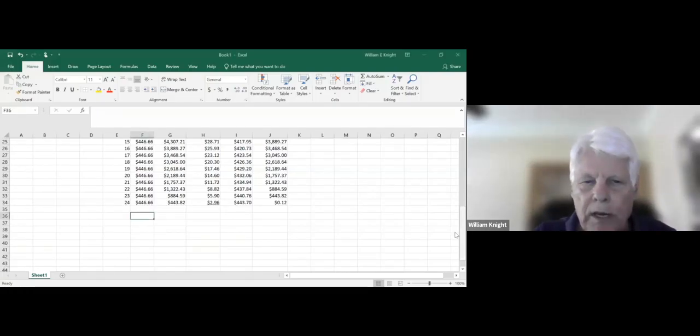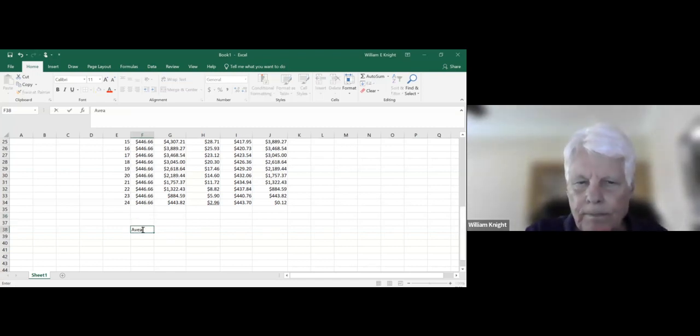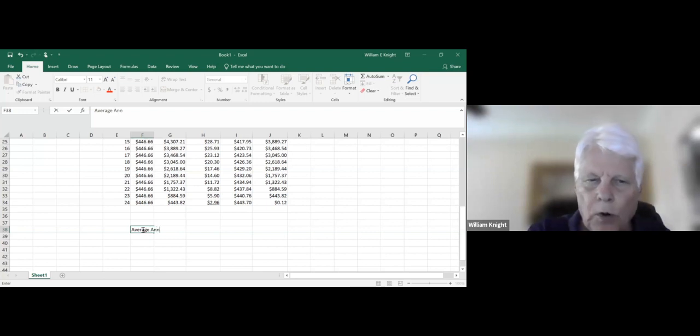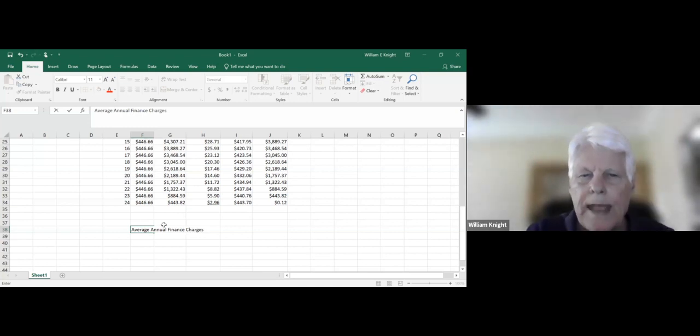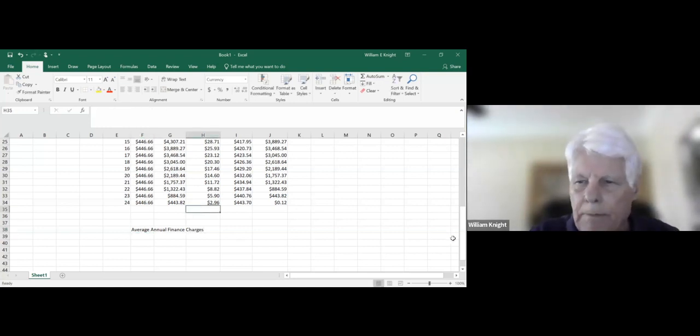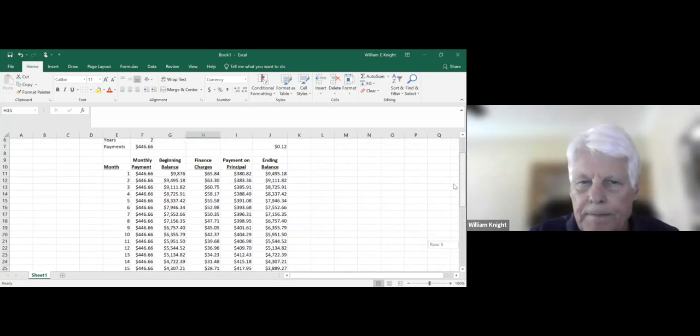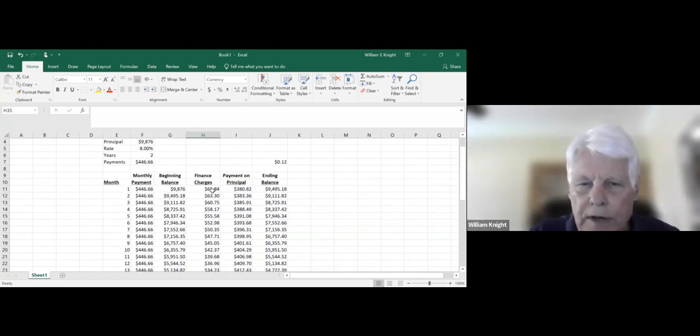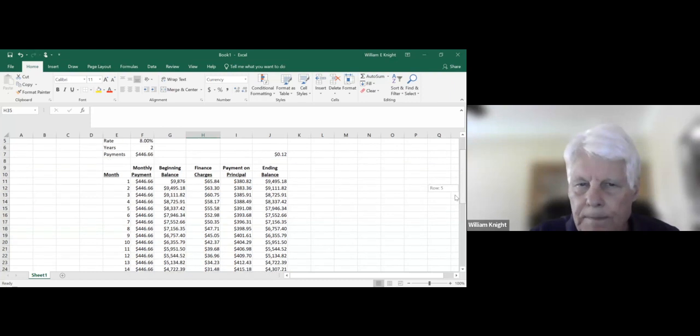So how can we compute the average annual finance charges? Here are the finance charges. Here's the column for the finance charges right here. Now, these are monthly finance charges.